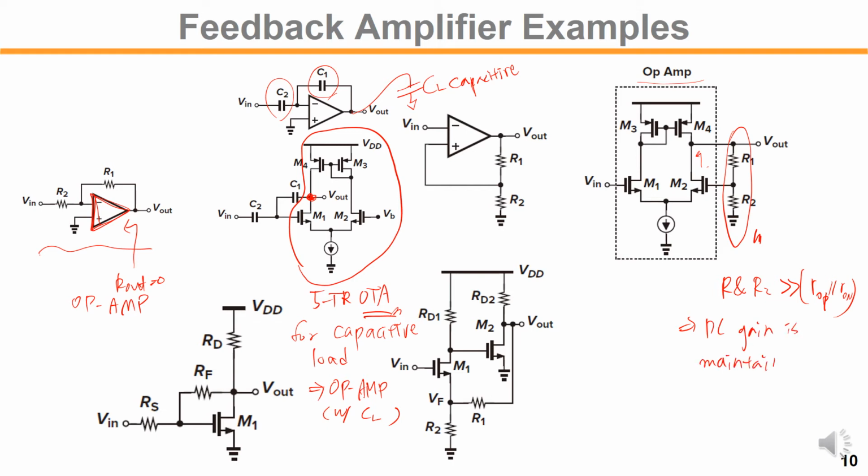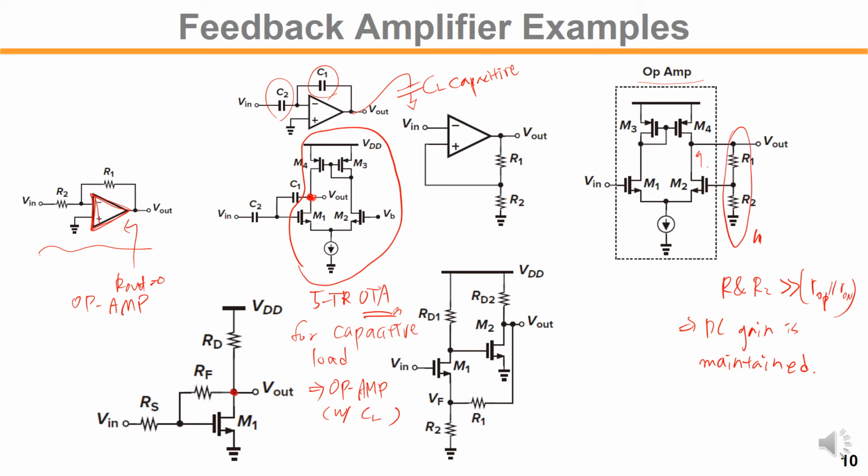Otherwise, the OPM gain will collapse. So the loop gain will collapse, right? In that case, the negative feedback doesn't work. That doesn't work. So the feedback analysis or what we assume is not valid.